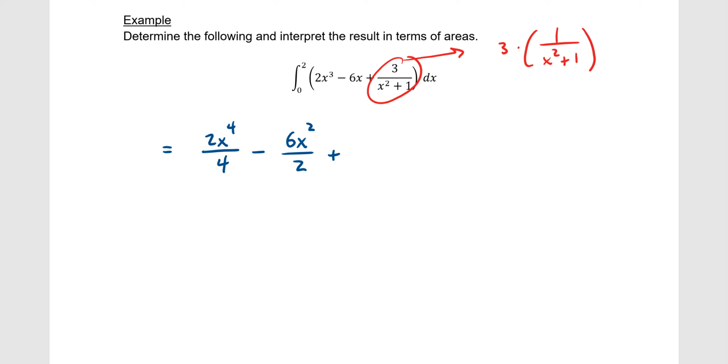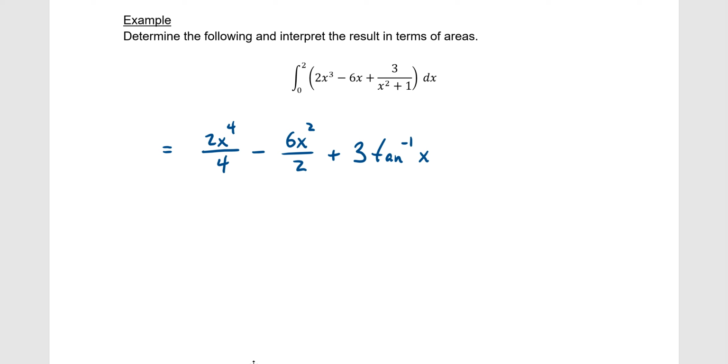The 3 is a constant that's coming along for the ride. And then the antiderivative of 1 over x squared plus 1, this one is tangent inverse of x. So don't make the mistake of just trying to add 1 to the exponent and dividing by an exponent. You can only do that when it's just one term, x, raised up to an exponent. So a little bit tricky for that one.